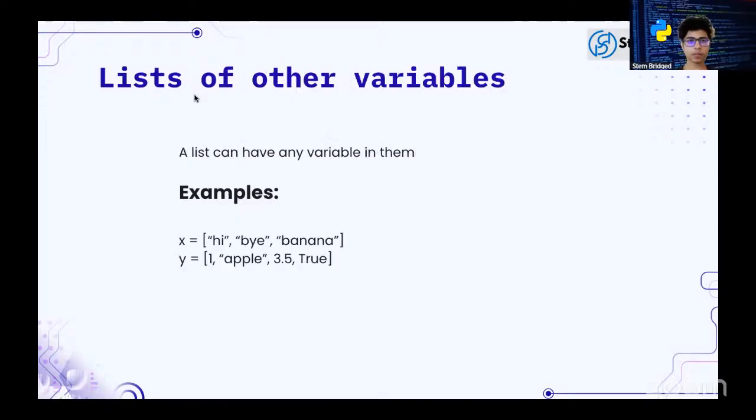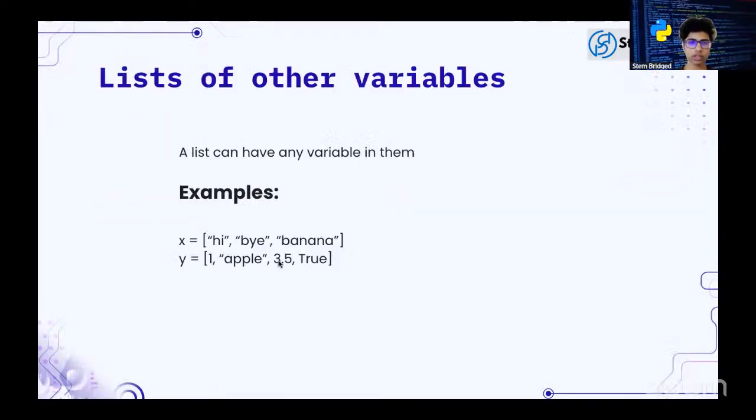Okay. A list can also have other variables. So for example, in this one, it's a list of strings. x is equal to the string hi, the string bye, and the string banana. And the list y is equal to the number 1, the string apple, the double 3.5, my bad, the float 3.5, and the Boolean value of true.